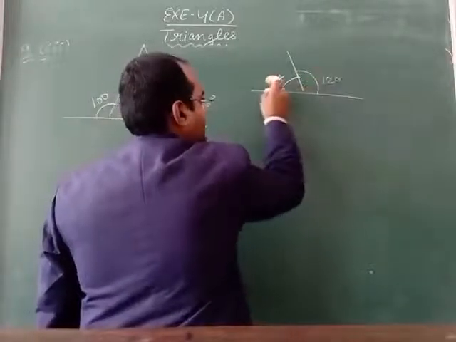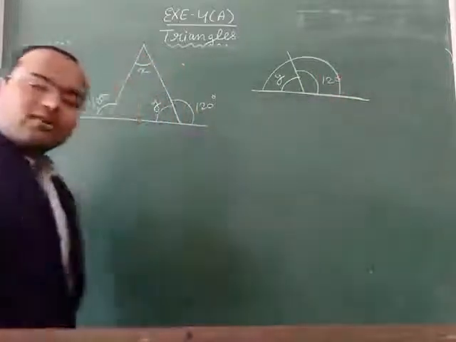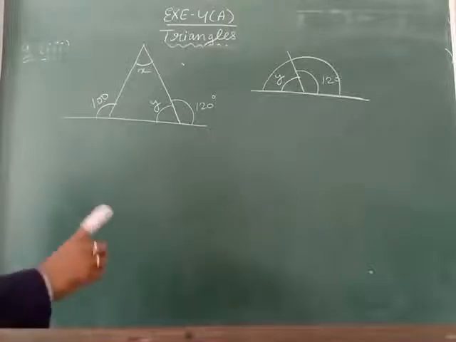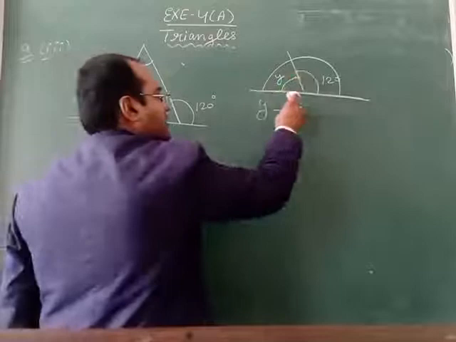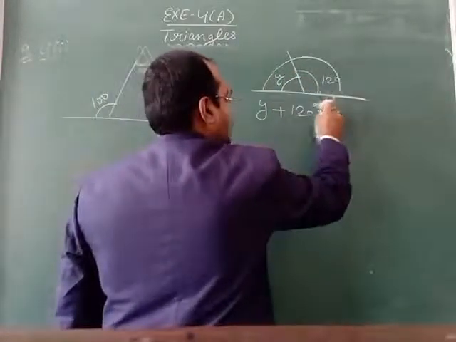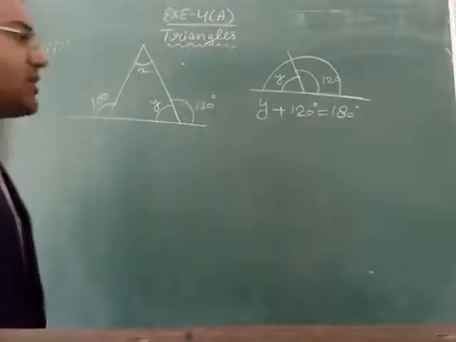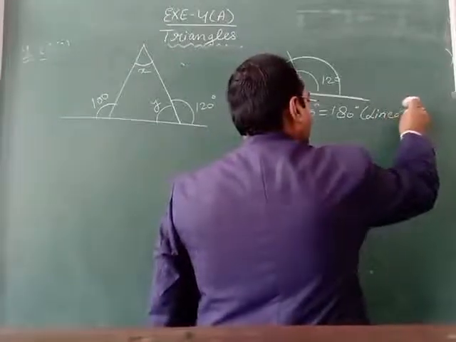So on a straight line we have one half circle. Whenever on a straight line we have a half circle, the sum of these two angles, y plus 120 degrees, we will take as 180. The sum of these two angles will be 180 and the name of the property is linear pair.